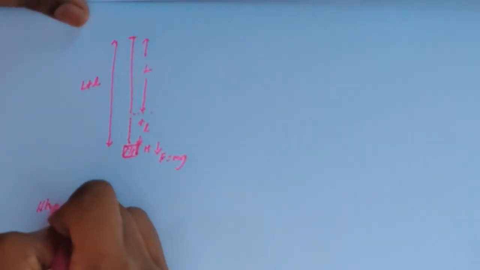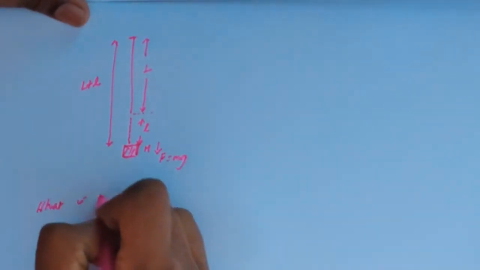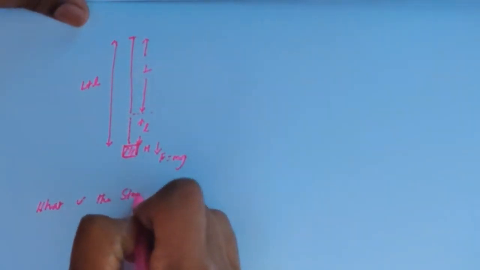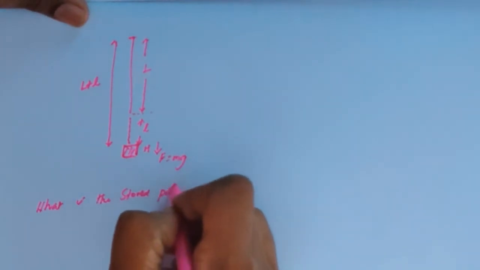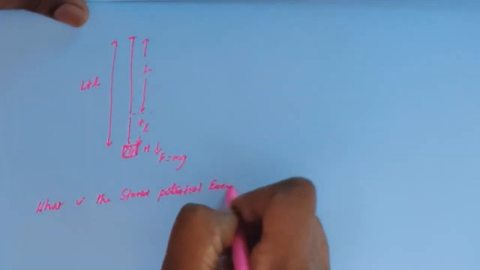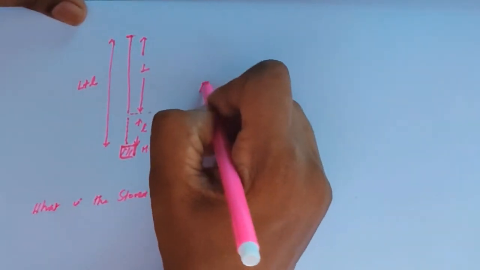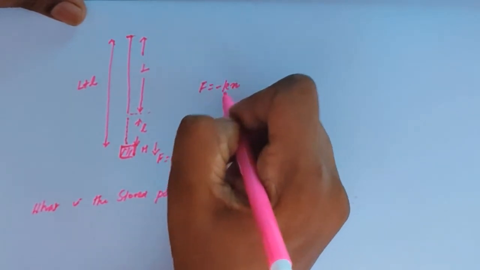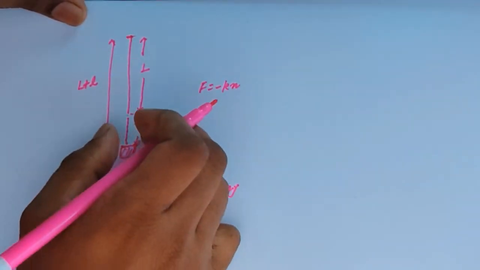So what is the stored potential energy, they are asking? One can derive it from Hooke's law. You can apply Hooke's law, that is F equal to minus kx. Then one can calculate the work done for the elongation of the wire.